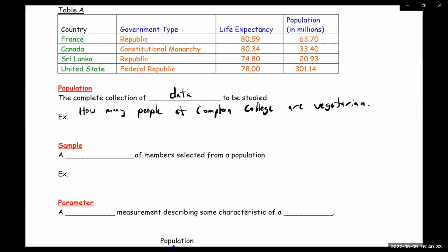So the population would be, anybody know what the population would be in this case? Well, it would be everybody at Compton College.